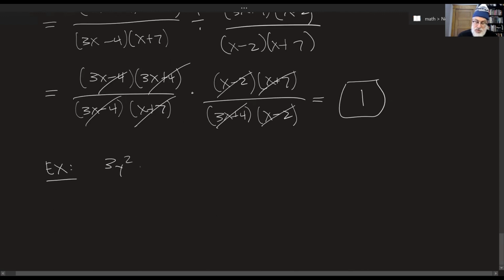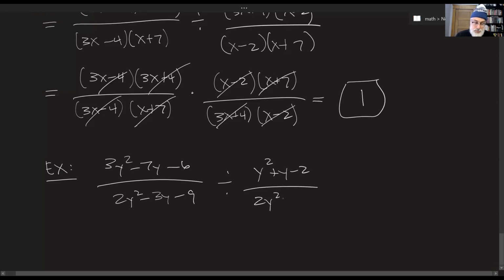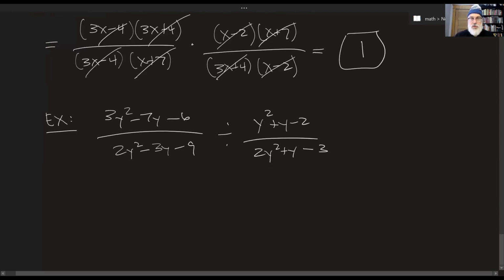Let's use y. So 3y squared minus 7y minus 6, 2y squared minus 3y minus 9 divided by y squared plus y minus 2, 2y squared plus y minus 3. They're not necessarily looking at cases in these examples where something doesn't factor, because we want to get some examples where we know what to do with the factorization.